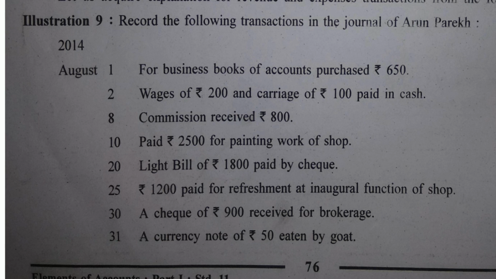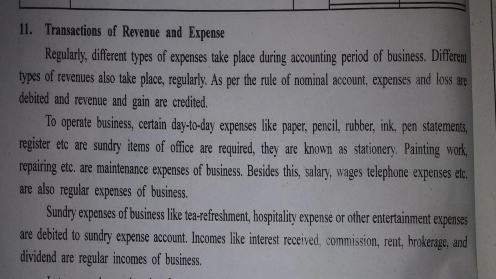Next, rupees 1200 paid for refreshment at inaugural function of shop. Now, refreshment expenses come under the heading of sundry expense. That also we have understood in the beginning of this chapter, in the last para, I think. Yes.